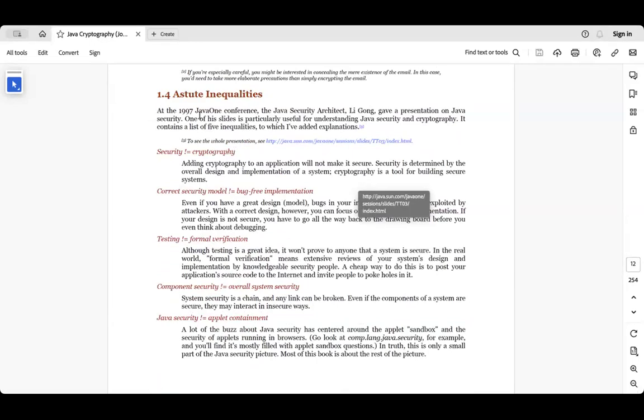I also mentioned the issue of the astute inequalities. This is explained very clearly, and some of those concepts have extra discussion. So it's important that you go through the book and also use the PowerPoints that I've shared so that you can understand these concepts.